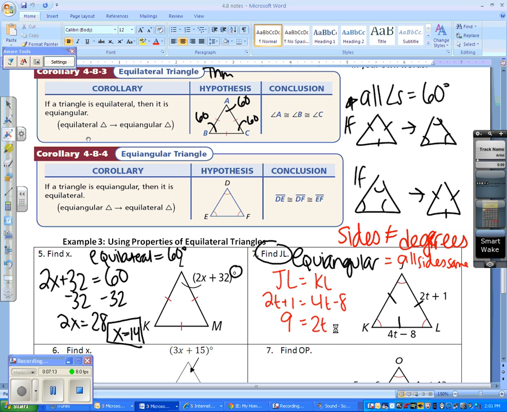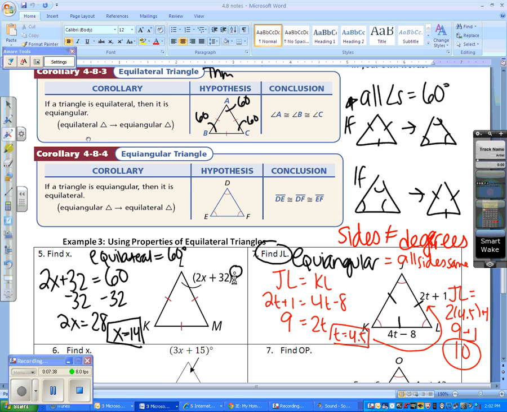And so I have t equals 4.5. And I wanted to find JL. So if I took 4.5 and plugged it in, JL would equal 2 times 4.5 plus 1. So that would be 9 plus 1. So my final answer is 10. And if I wanted to check my work, all I'd have to do is plug it in here, and I should get the same thing.